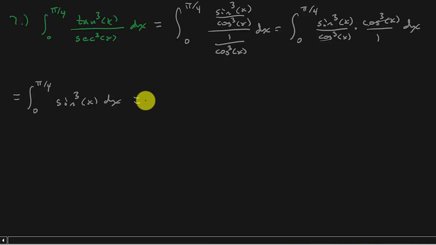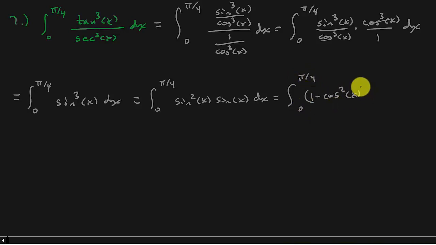So we got sine is odd, so I think maybe we can save a factor of sine. So that's 0 to pi over 4, and that's going to be sine squared x times sine x dx, which is 0 to pi over 4 of 1 minus cosine squared x times sine x dx.